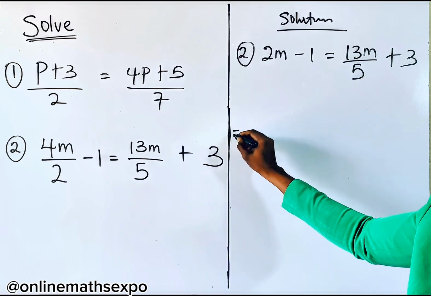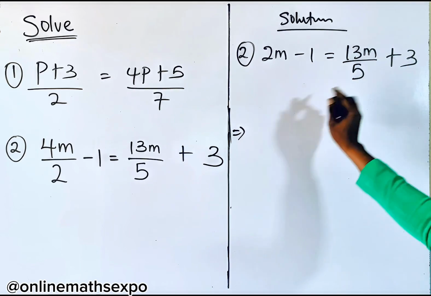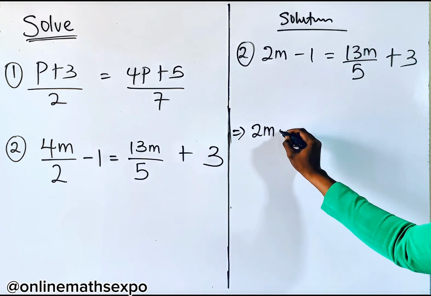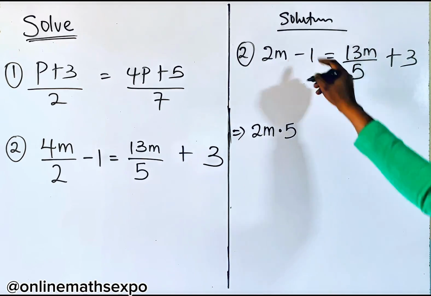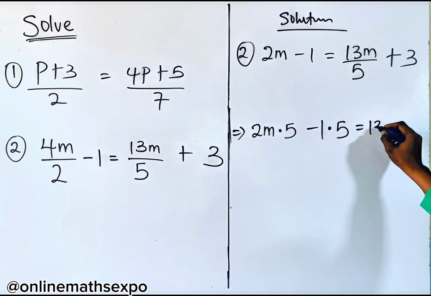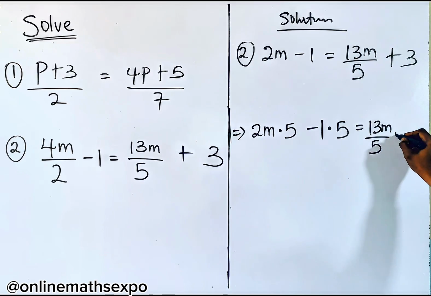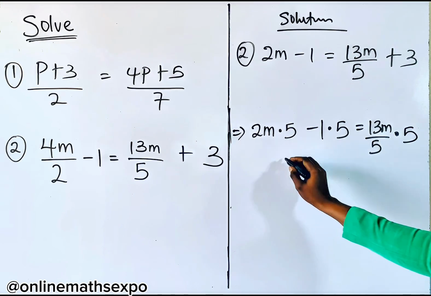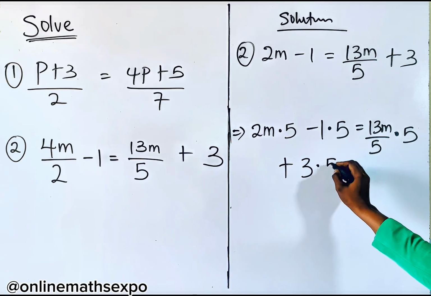So if you do that, we are going to multiply each by 5. So you have 2m multiplied by 5, negative 1 multiplied by 5, is equal to 13m divided by 5 multiplied by 5, then plus 3 multiplied by 5.